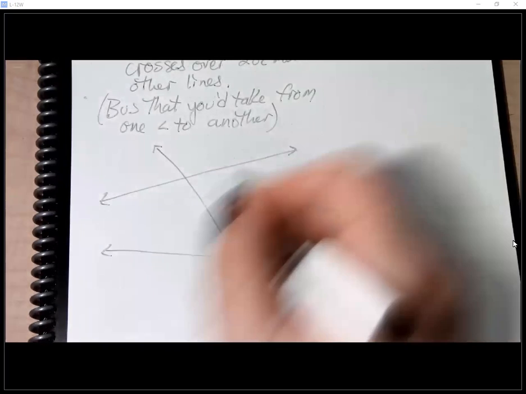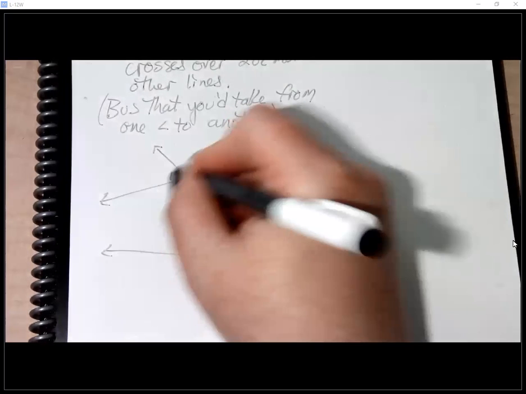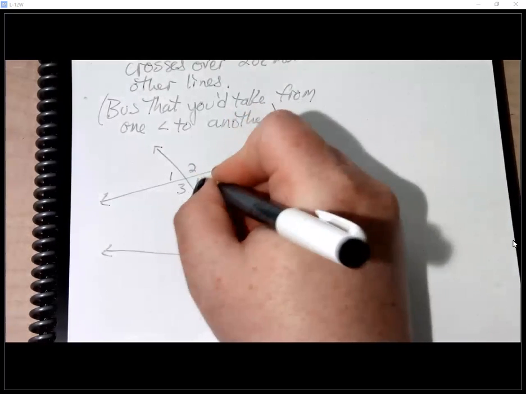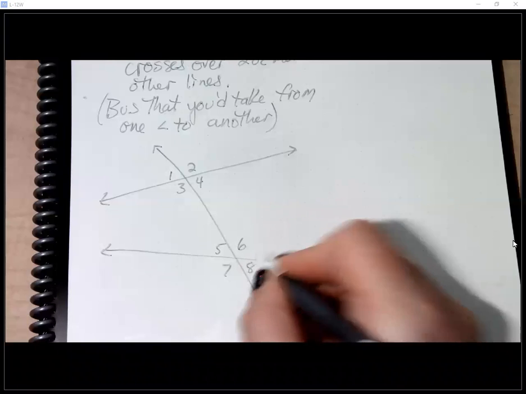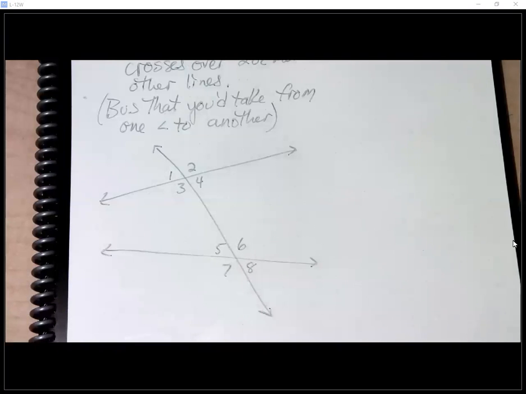And here are some locations: Location 1, 2, 3, 4, 5, 6, 7, and 8. So if you're going to draw this diagram, do me a favor, make sure that you number it the same way that I did, because we're going to talk about these angles. If you have it numbered differently than I do, it's going to make it messy and it wouldn't make any sense. So just make sure you number it in the same manner that I did.